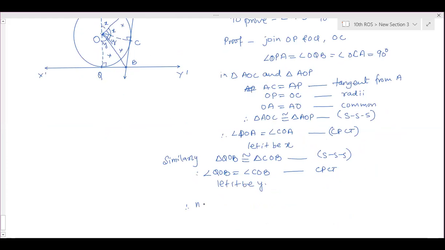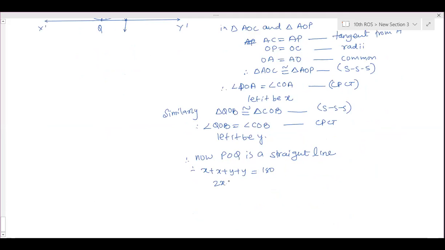Now POQ is a straight line. Therefore, x plus x plus y plus y is equal to 180. 2x plus 2y is equal to 180. x plus y is equal to 90. Therefore, angle AOB is equal to x plus y, that is equal to 90.